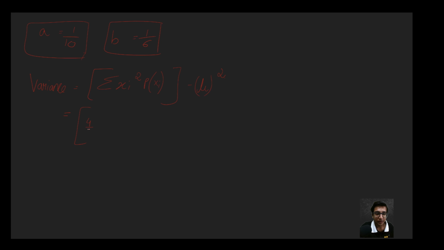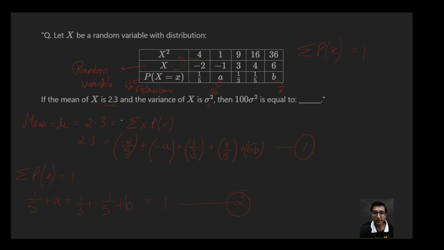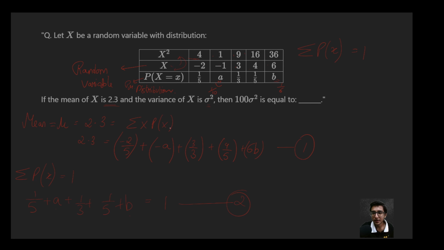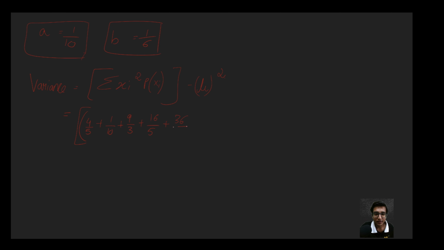This would become 4 by 5 plus 1 into a. So a is 1 by 10, so 1 by 10 plus 9 by 3 plus 16 by 5 plus 36 by 6. And upon solving this, we subtract mu square.